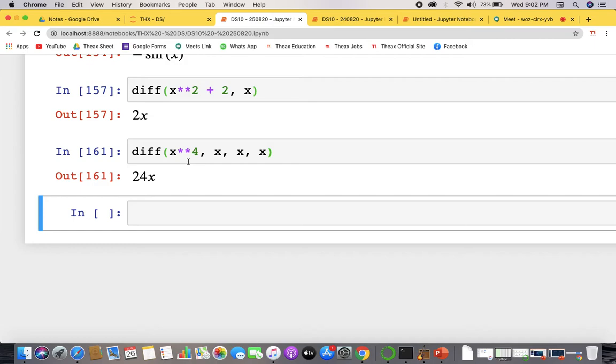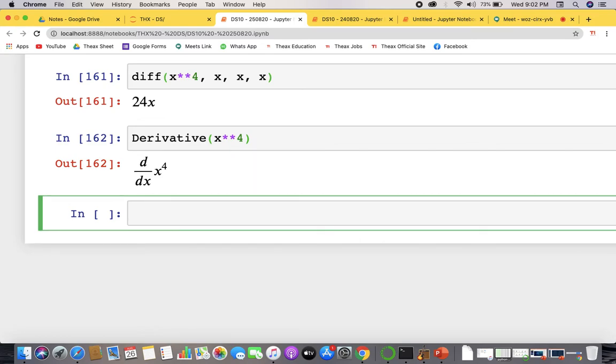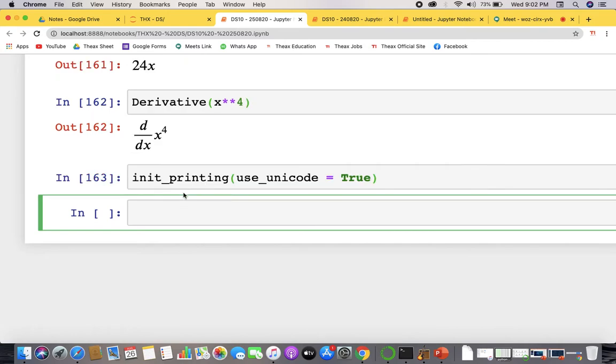Similarly, if you want a derivative of any expression, you write it as derivative of expression, and your expression would be x to the power of 4. So d by dx of x to the power of 4, right? And there are some printing methods if you initialize those things. So if we initialize this printing method and set Unicode to be true, and now again run this derivative, we'll get x to the power of 4.